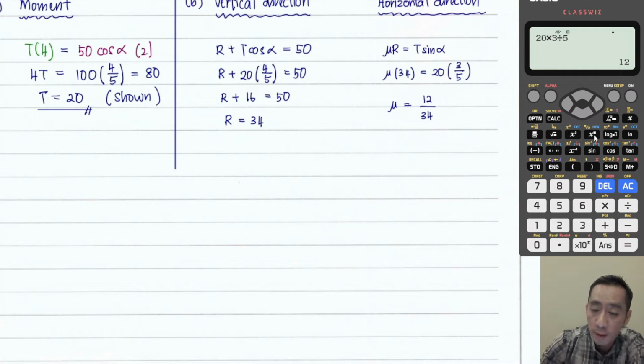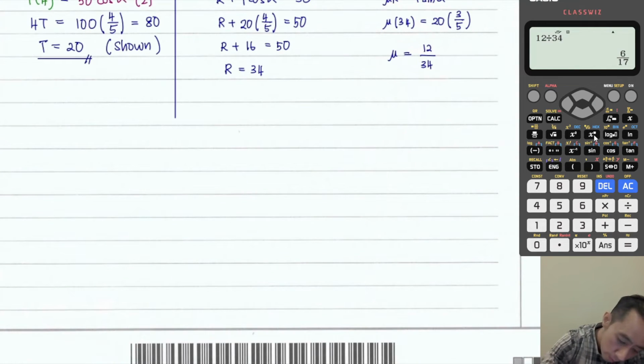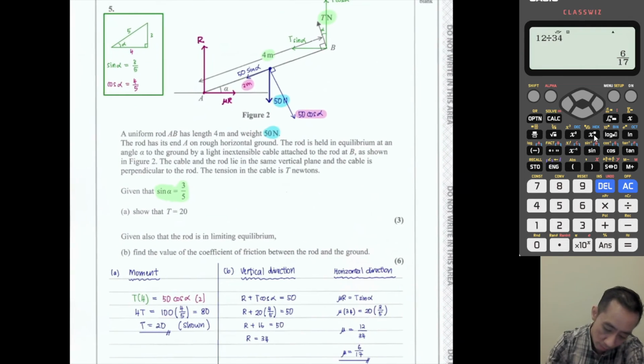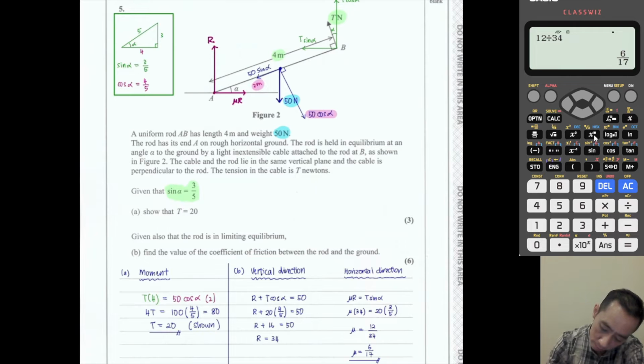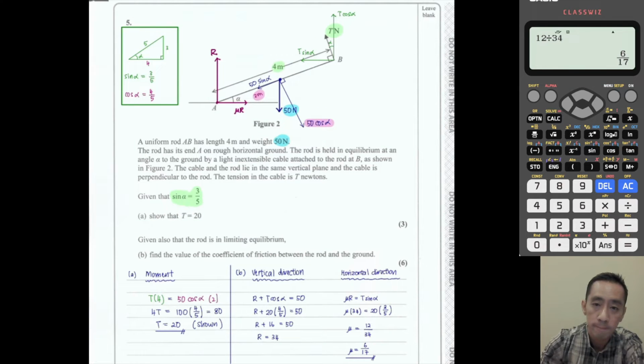Simplify this, 12 divided by 34 is 6/17. So mu is equal to 6/17. Here is our answer for mu. Okay, next. Let's proceed to the next question.